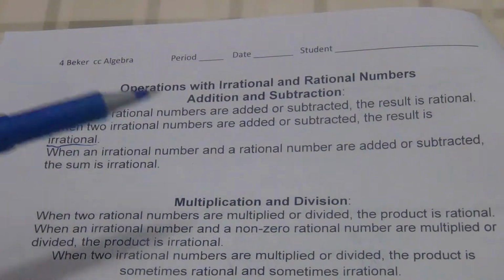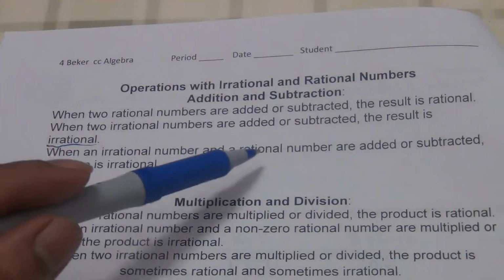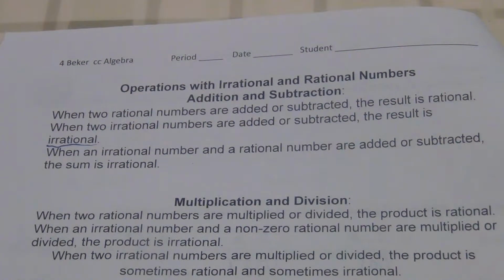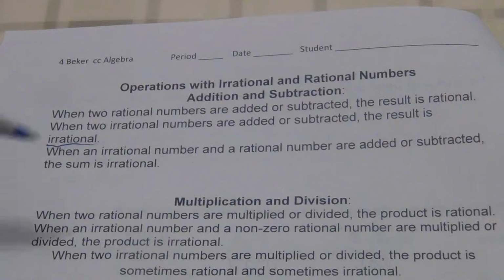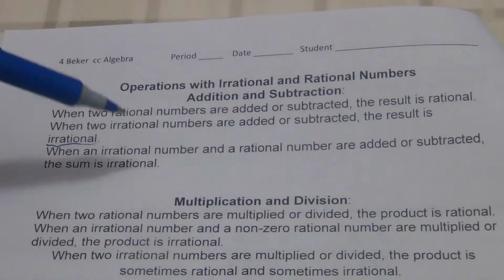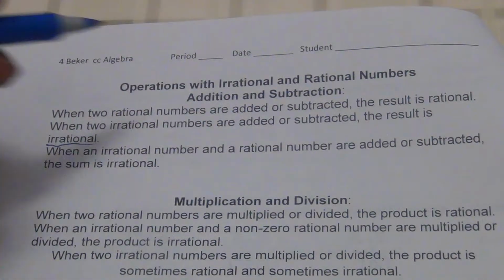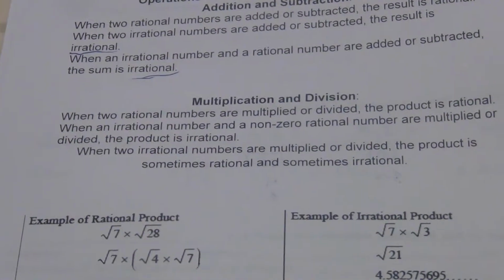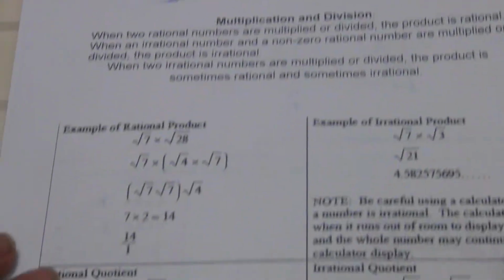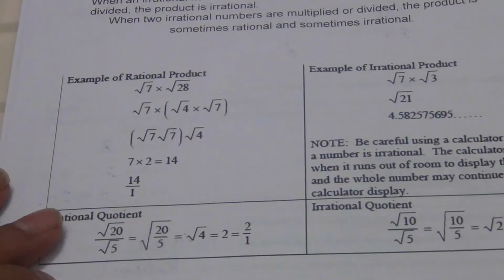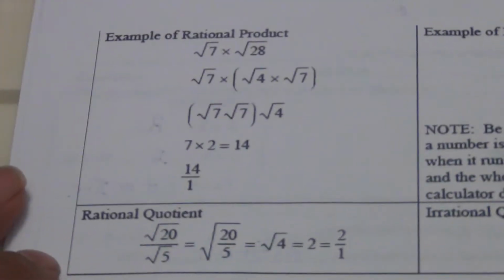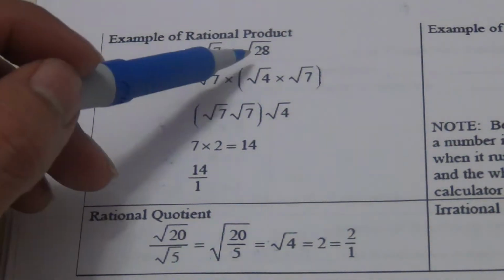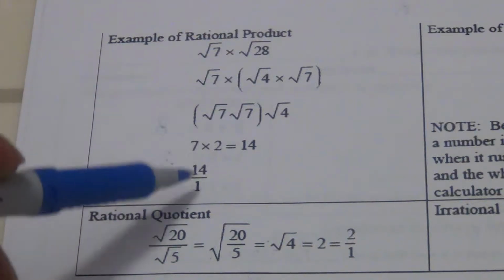So just remember that. You're always entitled to contradict facts if you know that you have an example to back it up. All right. When an irrational number and a rational number are added or subtracted, the sum is irrational. Sure, yes, the sum is irrational. Perfect. All right, so basically these are facts. I'm not gonna go through this because we already did that. And here you have the two scenarios. This is when you multiply, right? When you multiply two irrationals and the product is rational.